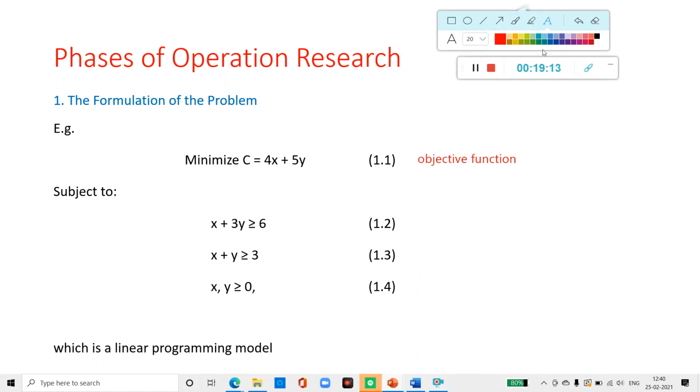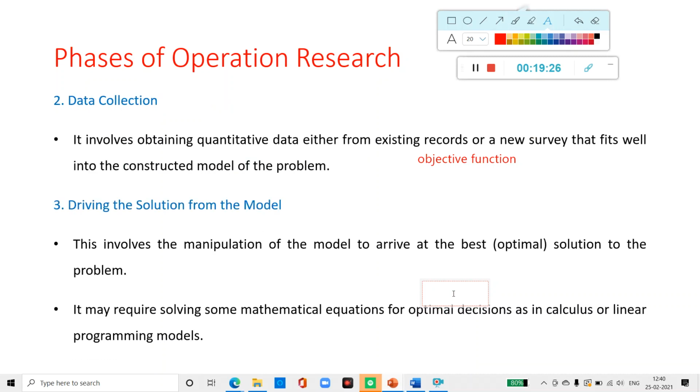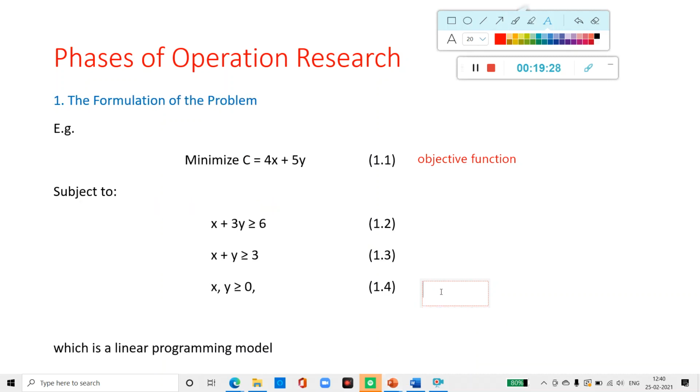So both x and y are under the non-negativity constraint, and the other two are called the structural constraints.